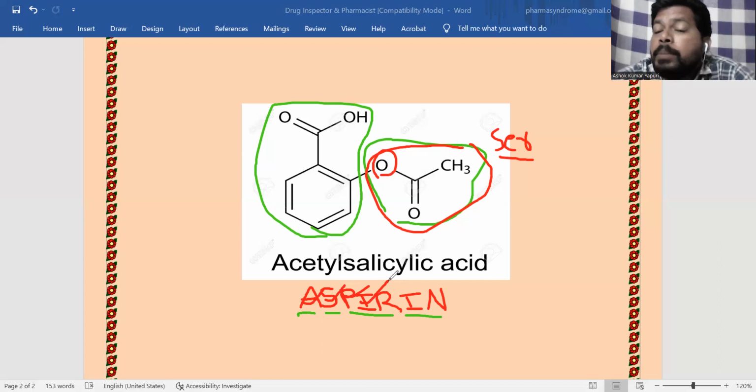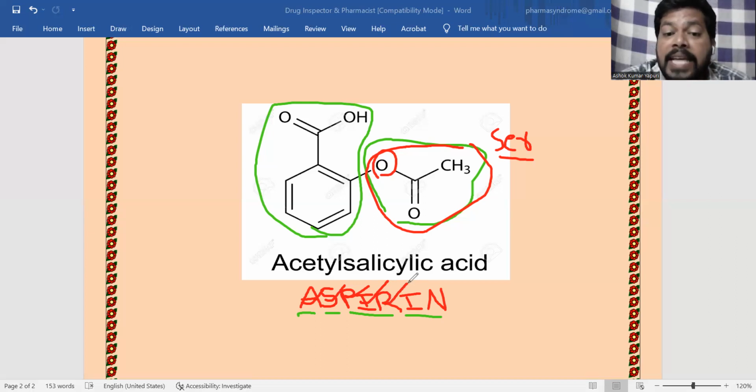And P means aspirin can produce peptic ulcer because aspirin inhibits prostaglandins. If prostaglandins are inhibited, COX enzyme is inhibited. COX1 has a protective role in the GIT, but if COX1 of the GIT is inhibited, there is a chance of peptic ulcer.